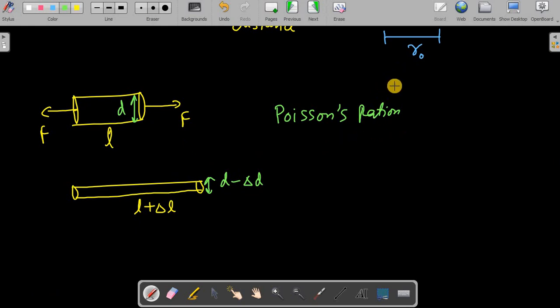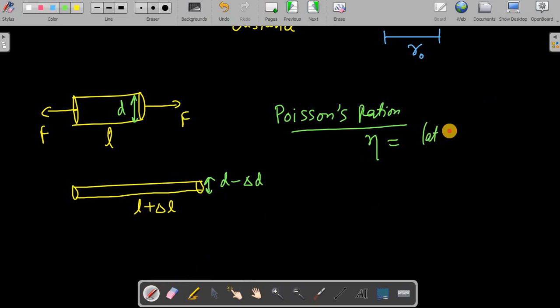So Poisson's ratio, some symbol we have to give, let's say this represents Poisson's ratio. Poisson's ratio is nothing but the lateral strain, the strain in the transverse direction, divided by the longitudinal strain.